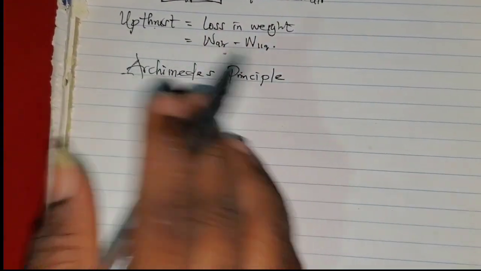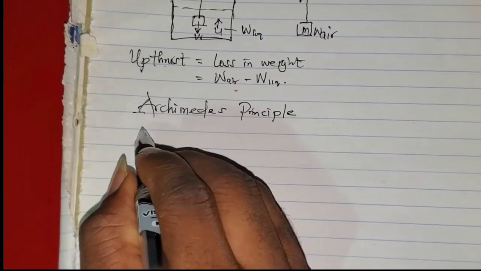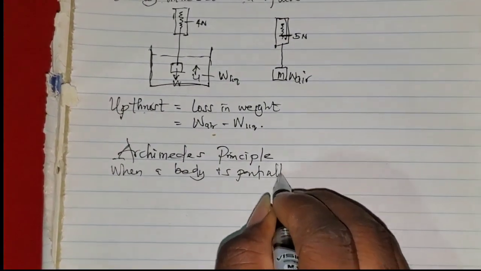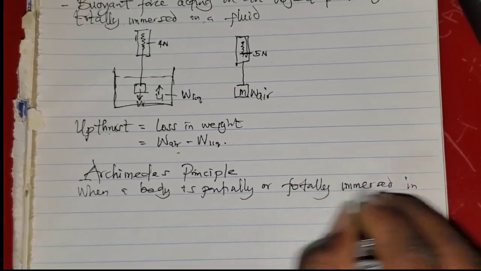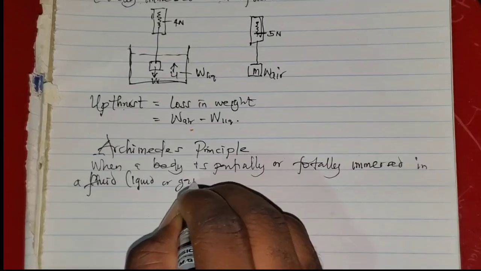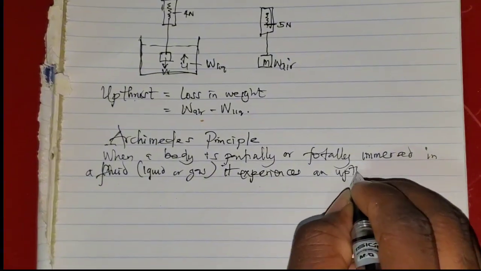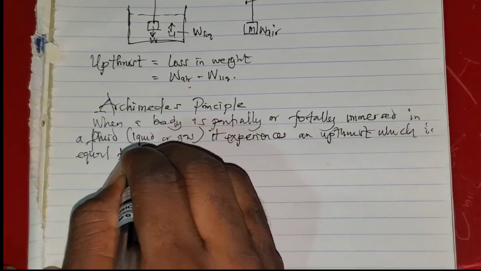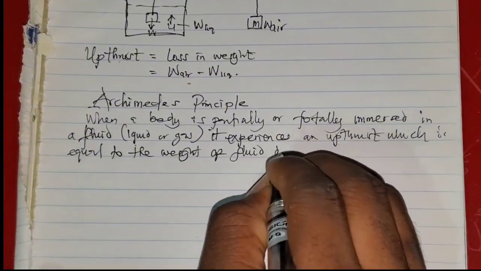So Archimedes' principle states that when a body is partially or totally immersed in a fluid, liquid or gas, it experiences an upthrust, which is equal to the weight of fluid displaced.